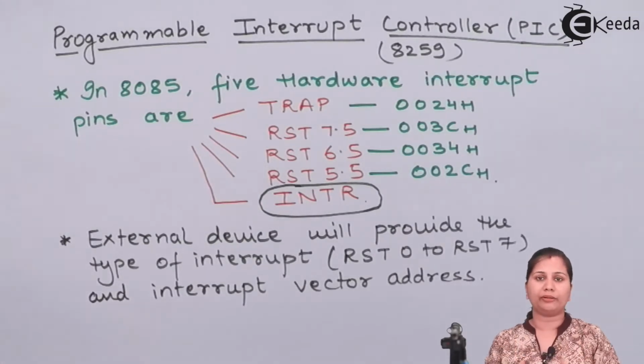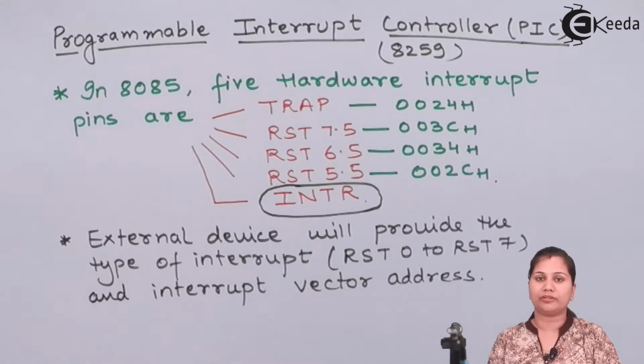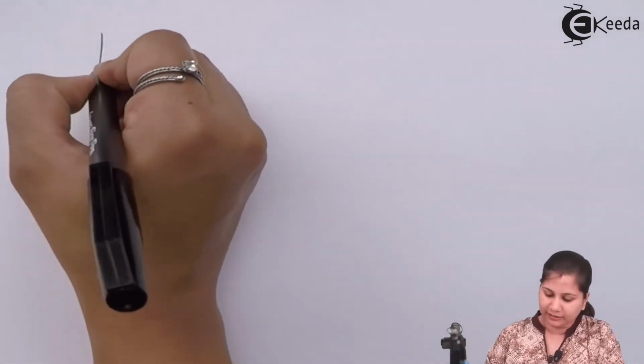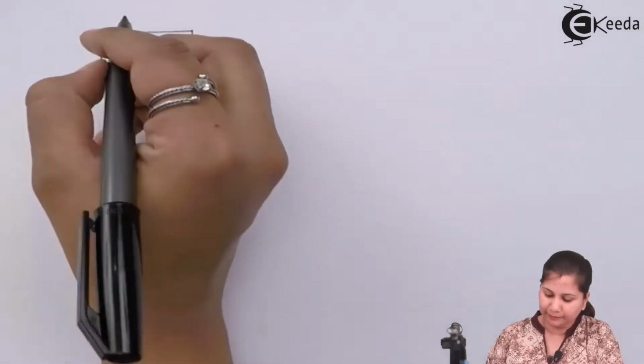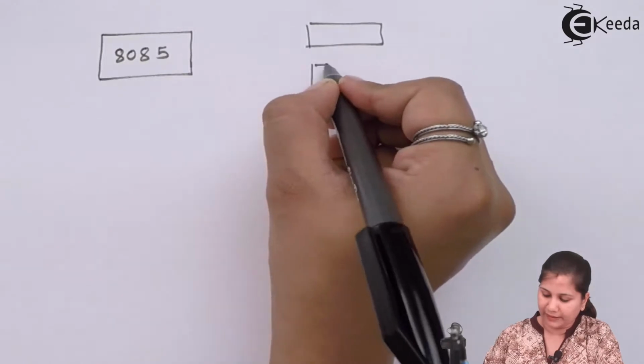When there are a number of input output devices and all of them want to transfer data to the microprocessor in the interrupt driven data transfer mode, then whenever any input output device wants to communicate with the CPU, it interrupts the microprocessor to say that it wants to transfer data. So suppose this is the 8085 microprocessor, and there are several input output devices.